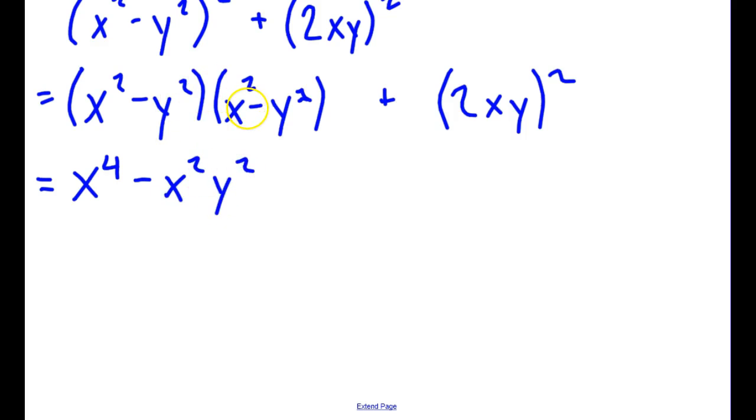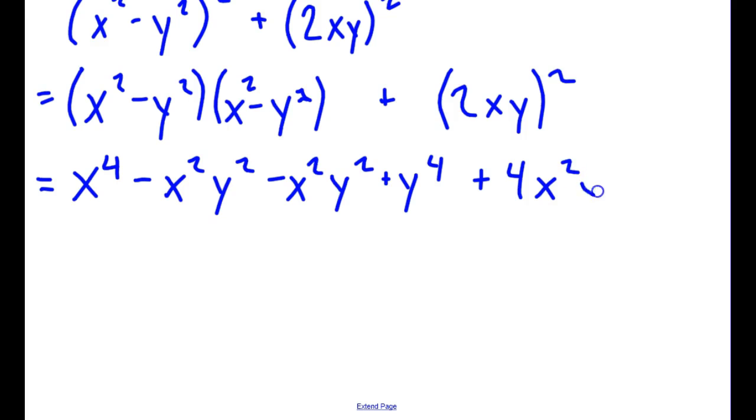Then we have a negative y squared times a positive x squared. So again, we have minus x squared y squared. Negative y squared times negative y squared is a positive y to the fourth. And now, if we multiply this out, we just have to distribute this 2 to all of these factors on the inside. So we'll have plus 2 squared is 4, x squared y squared.